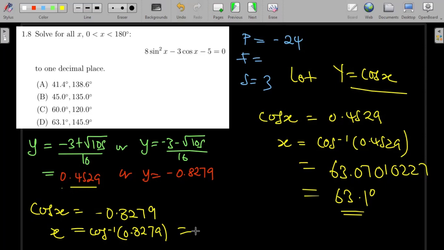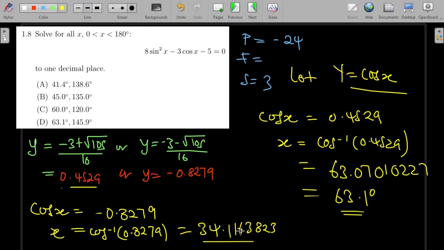Cos inverse of 0.8279. So that one gives me 34 point something. Okay, 34.116383.